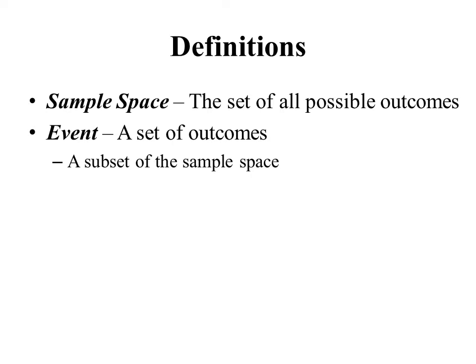Sample space is the set of all possible outcomes. Now, an event is a set of outcomes, or stated another way, a subset of the sample space. One reason I review these definitions is to stress the fact that sets are an important part of probability. We're going to use a lot of set ideas to prove properties of probability.